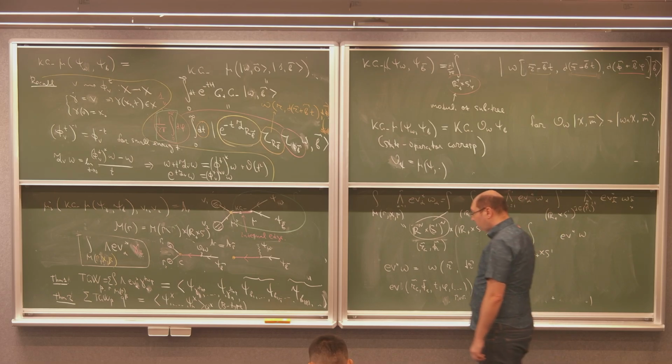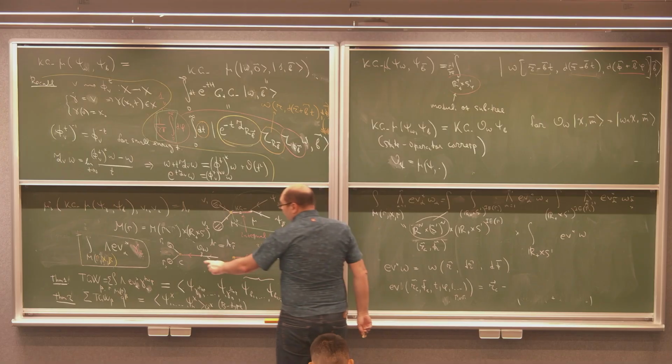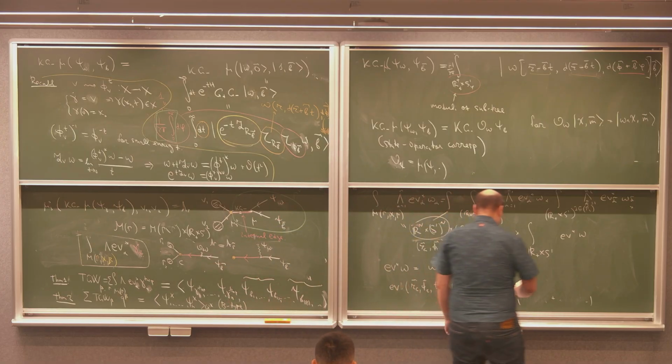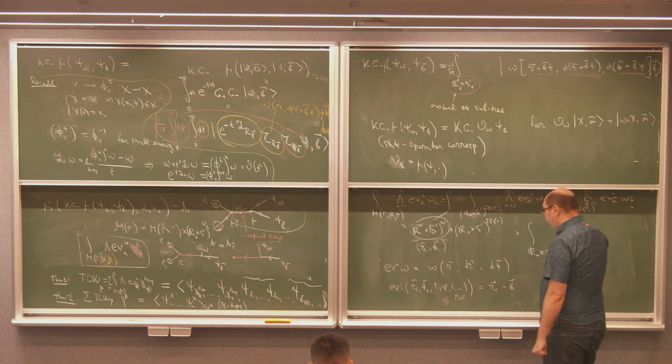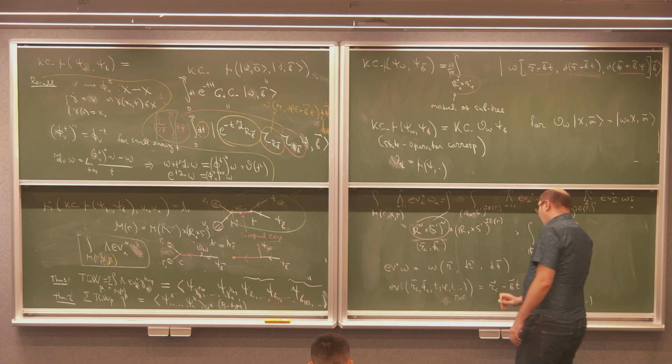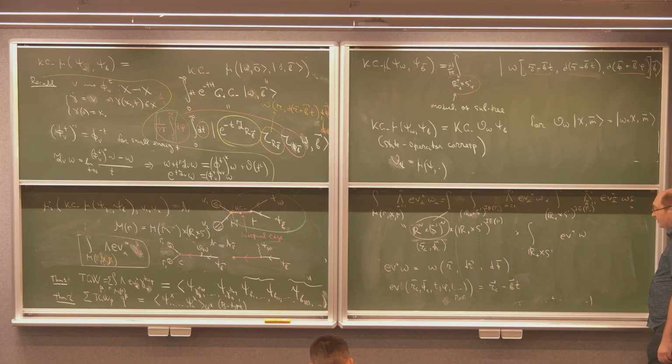Because we are going against this red arrow, we need to put an additional minus sign when we're moving along it, and we're moving along it for a time t.